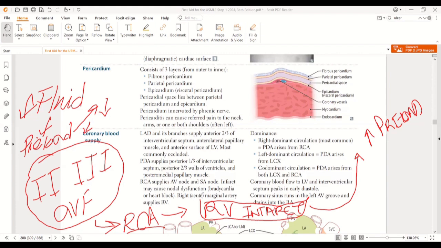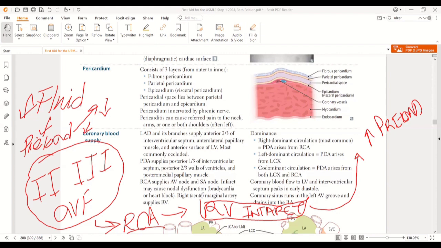Okay, why do we not give nitrates if the patient is suffering from a right ventricle infarct, although we know that the preload is increased on the right side and preload is decreased on the left side, right? If you give the nitrate to the patient, you decrease the preload of the right side as well. And if the right side preload further decreases, then the preload of the left side will also decrease, and the patient is unable to maintain the stroke volume and the cardiac output.